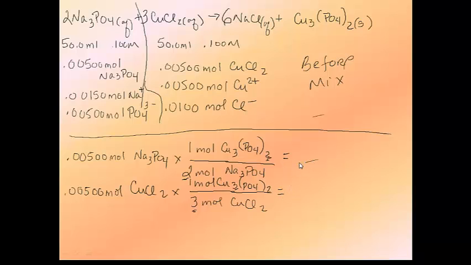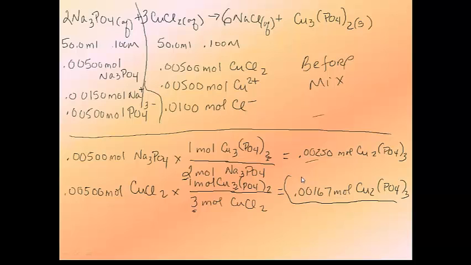Do the math. This guy will produce some amount of the copper phosphate, the product, the precipitate, and this guy will produce another. Notice that this is my least amount.